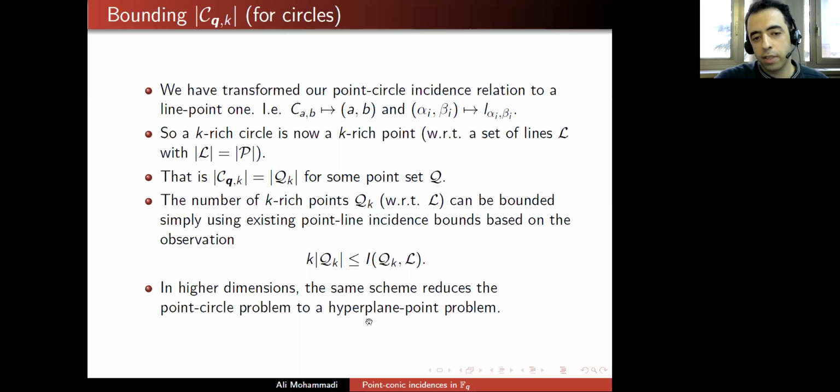But that one, we tried it and it didn't give a very appealing bound, and we didn't put it in the paper. There is a good paper on points and 3-dimensional circles, I mean spheres. Sorry, I should have said spheres, not 3-dimensional circles. We're really talking about spheres in higher dimensions.